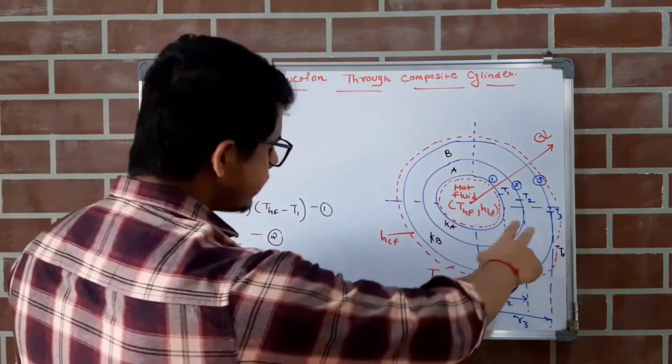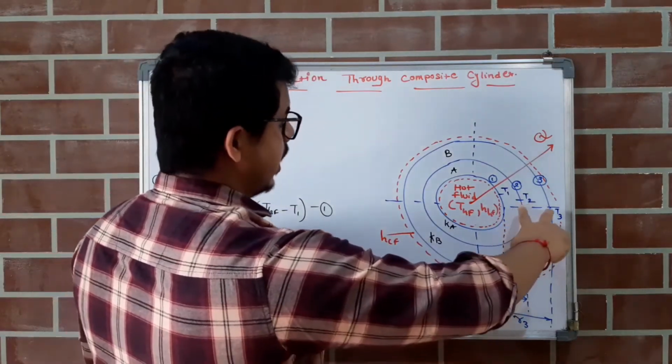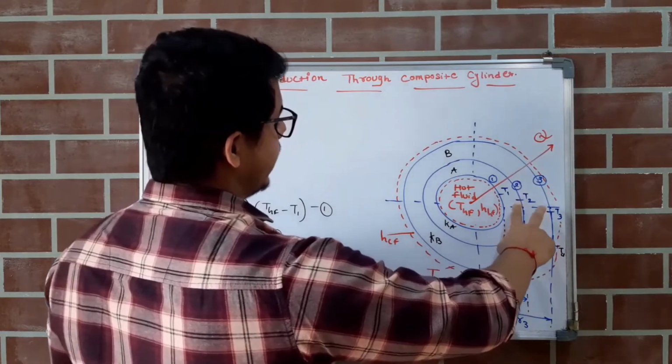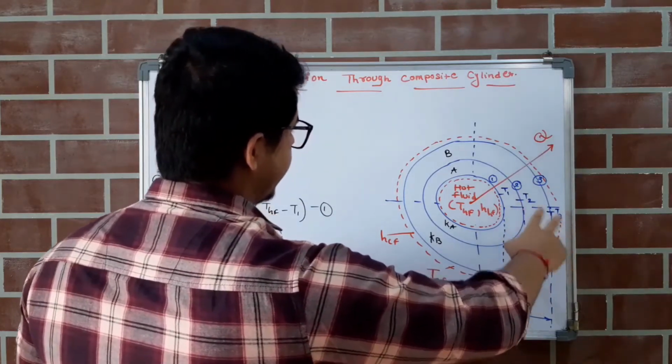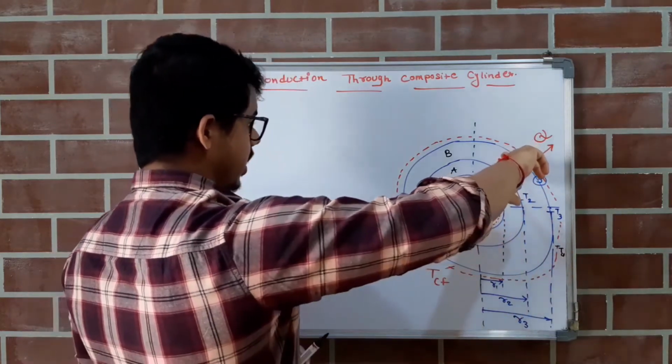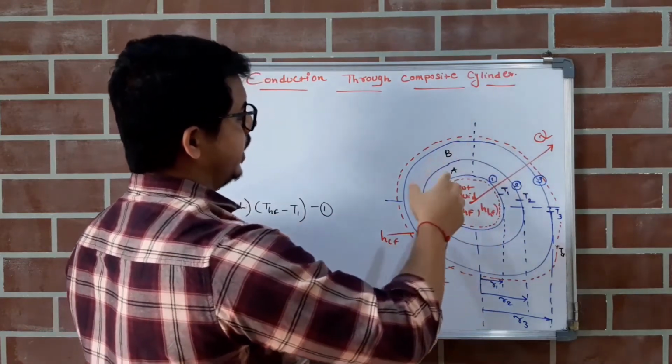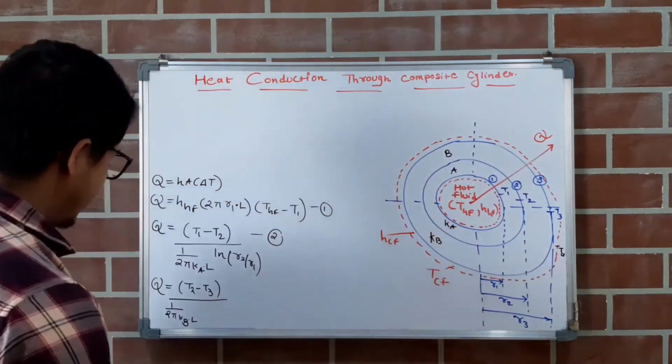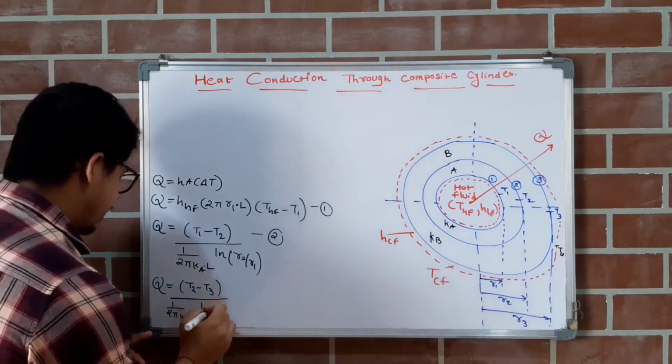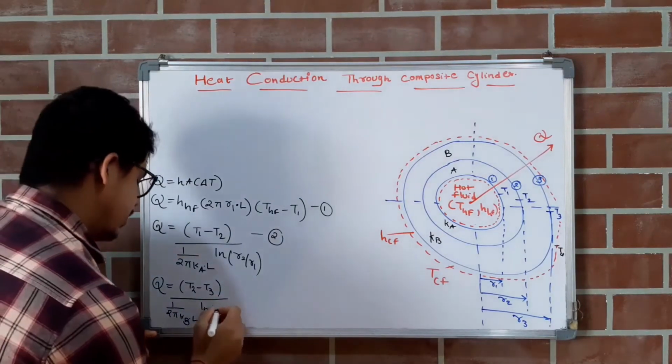Because we are writing the heat transfer rate formula for point 2 and point 3, so the material between point 2 and point 3 has the thermal conductivity Kb. So Kb into L into ln of R3 upon R2.